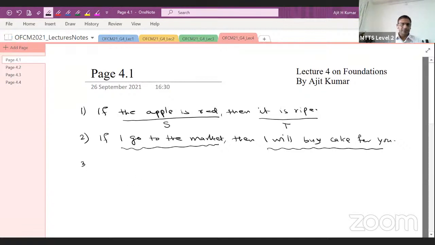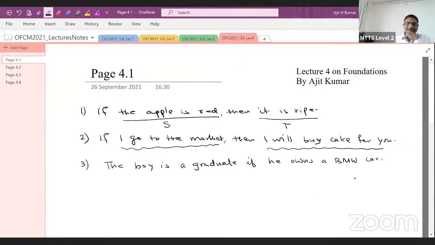Let me give you the third statement also. The third statement says the following. The boy is a graduate, that means he has done his graduation, if he owns, let us say, some BMW car.